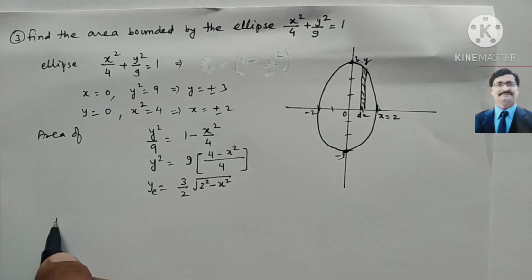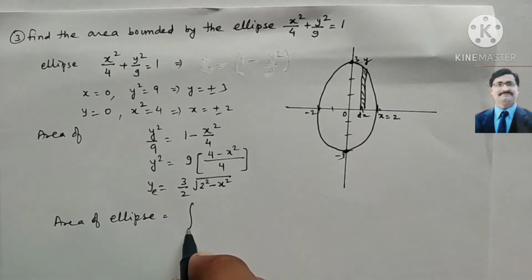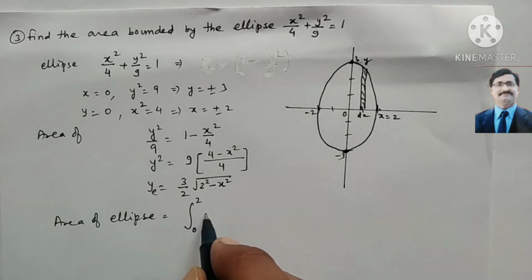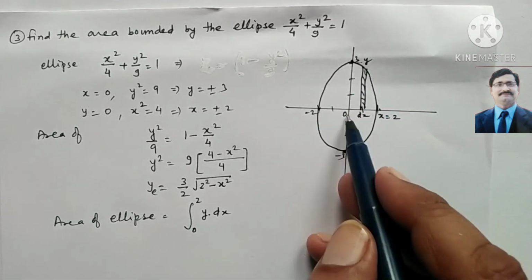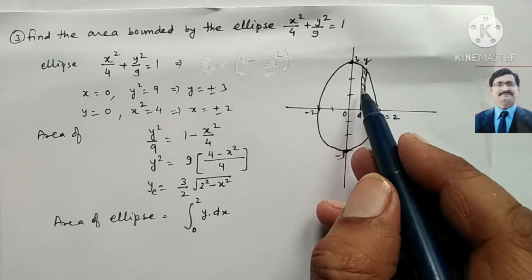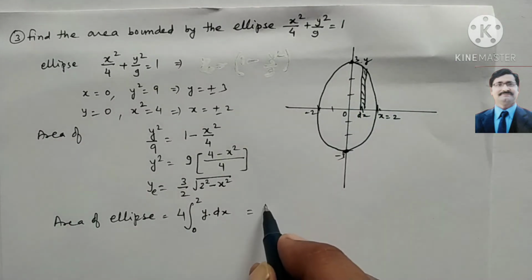Now we can find the area of the ellipse. This is equal to, we can write the formula, integral 0 to 2 y into dx. 0 to 2 means we find this area only in the first portion, and we have the same in 1 2 3 4, so we multiply by 4.